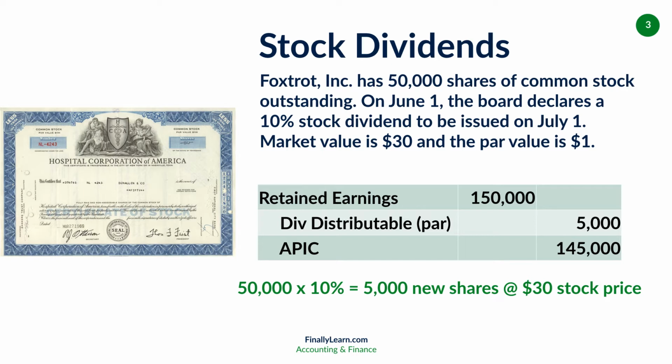For a stock dividend, we use an account called dividend distributable. We distribute stock, we pay cash. So this is a weird word that you haven't seen before, so we can abbreviate it. The next slide will show you how to abbreviate that. But that needs to be at par because that's going to show the common stock account in the second entry. So $5,000, and then the rest goes into APIC.